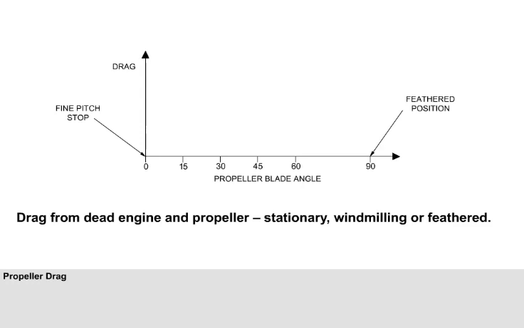The drag from the propeller itself will depend on whether it is stationary, windmilling, or feathered, but there will always be some contribution to the yawing moment. If the propeller is stationary, it is generating some drag from the blades, which could be at a relatively large angle to the airflow, but no torque.